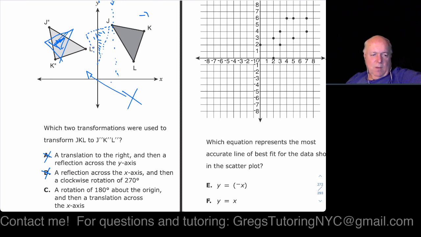What I don't like about this is a translation across the x-axis. That should have been a reflection, if it was true even. So basically, if it's rotated 180 degrees, and I'm just going to write 180 here, it would end up over here. And then if it was reflected upon the x-axis, it would end up back there, okay?